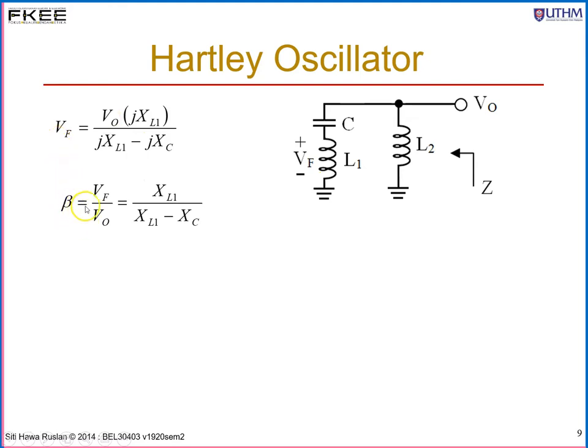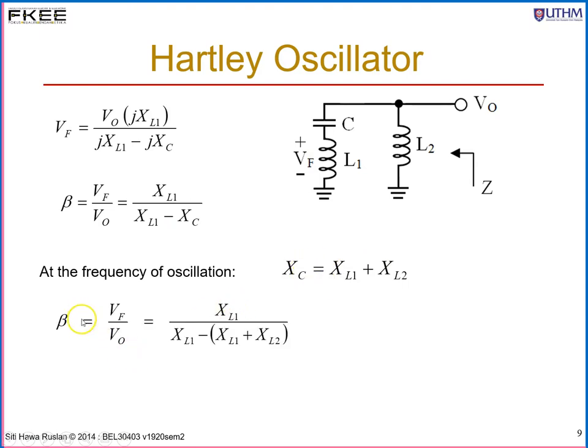So your beta, which is defined as VF over VO, equals XL1, the reactance of the first inductor, divided by XL1 minus XC. And we have determined that at the frequency of oscillation, XC is equal to XL1 plus XL2. So substitute XC with this, and your beta will equal XL1 over XL1 minus (XL1 plus XL2).